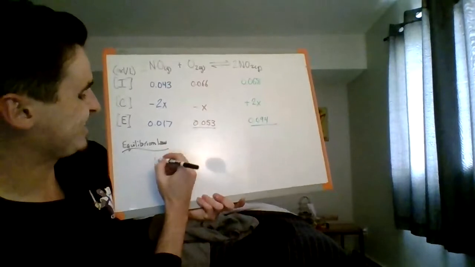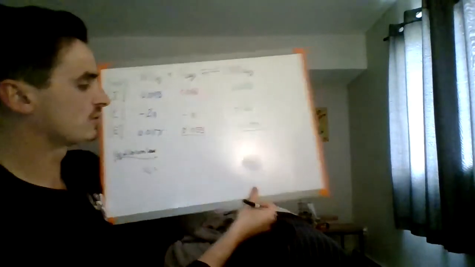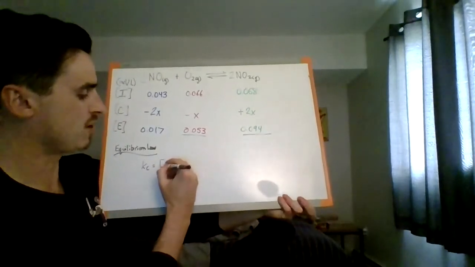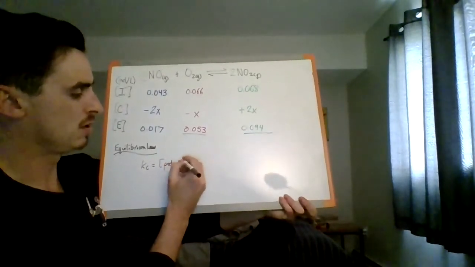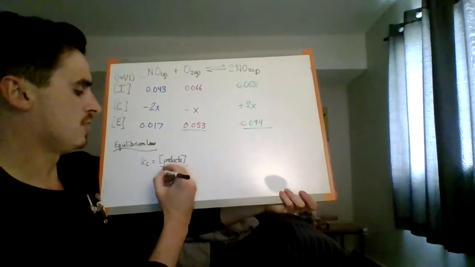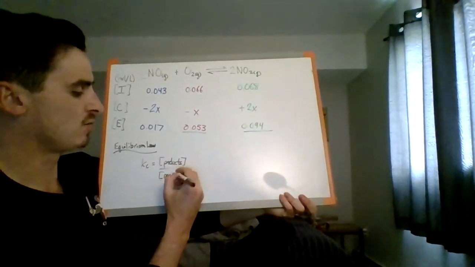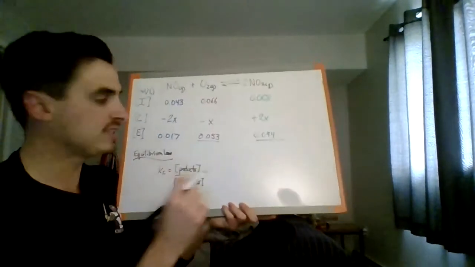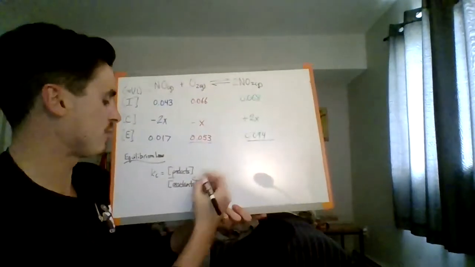So I'm going to write Kc is equal to the concentration of the products over the concentration of the reactants. Simple enough, right? But now I need to say what are my products and what are my reactants.